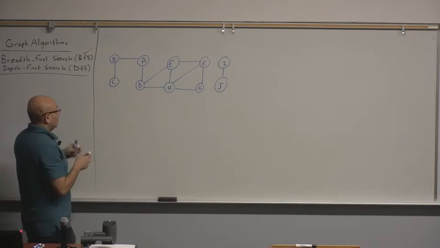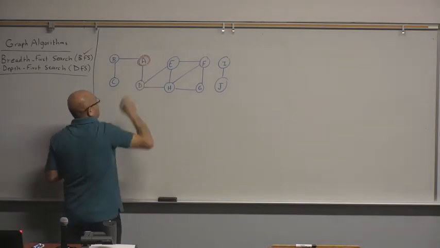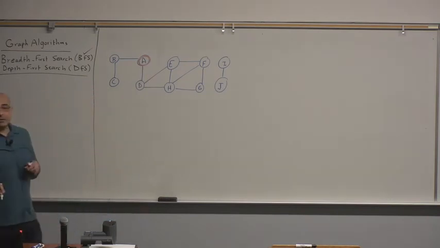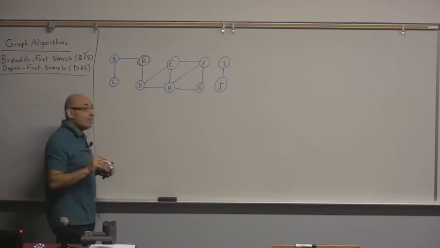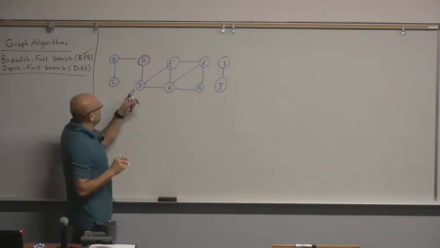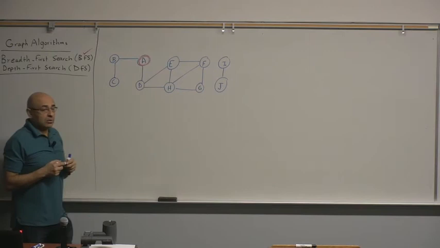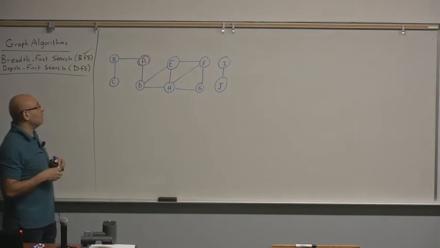Like in this case, the source may be A. The objective is to do a BFS in order to find the minimum unweighted distance from the source to every vertex in the graph. So we will see how we can do this.